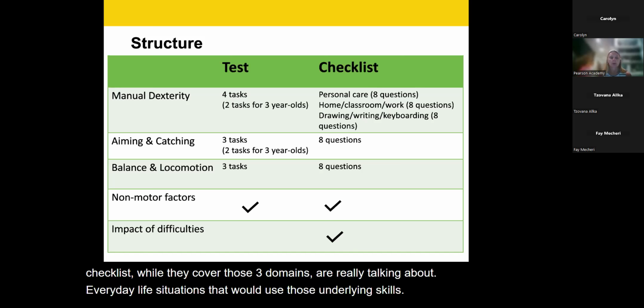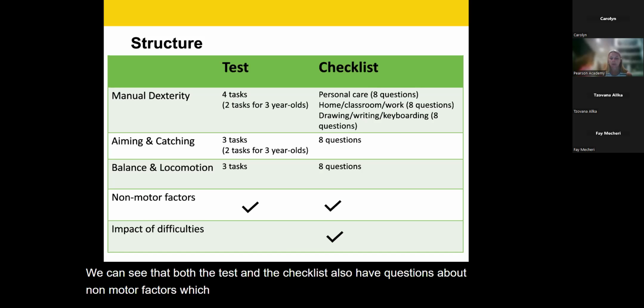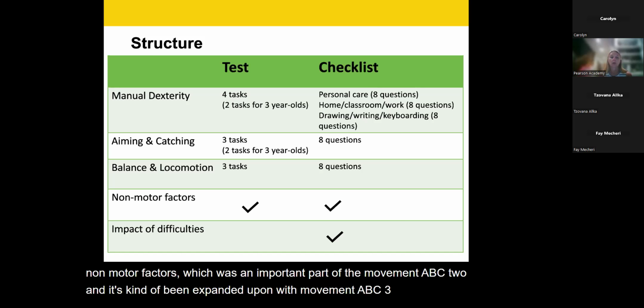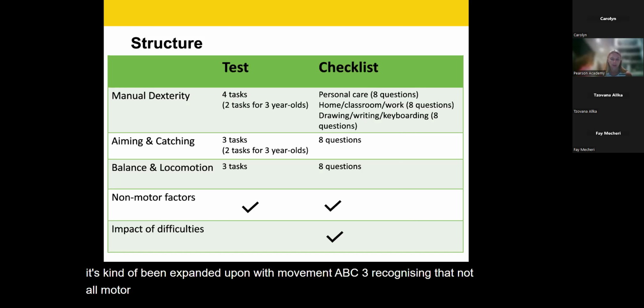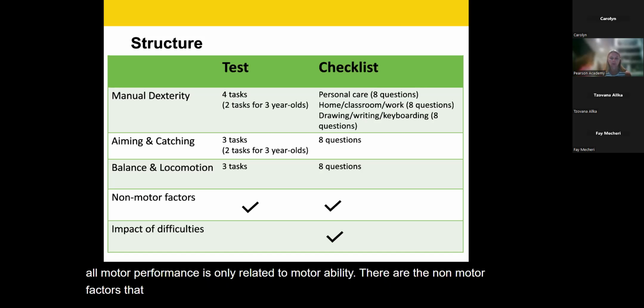We can see that both the test and the checklist also have questions about non-motor factors, which was an important part of the Movement ABC-2, and it's been expanded upon with Movement ABC-3, recognizing that not all motor performance is only related to motor ability. There are non-motor factors that will ultimately affect someone's motor performance as well.